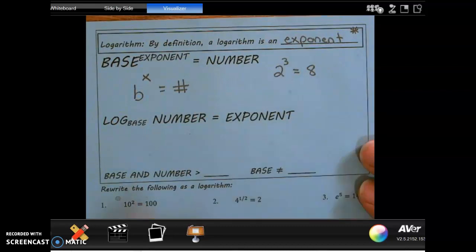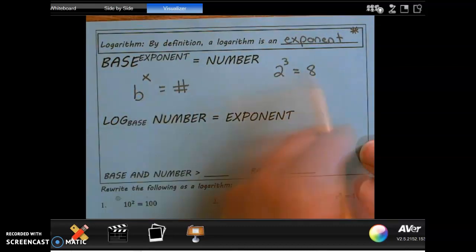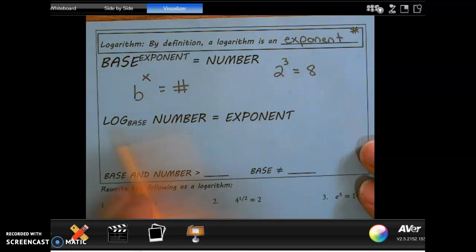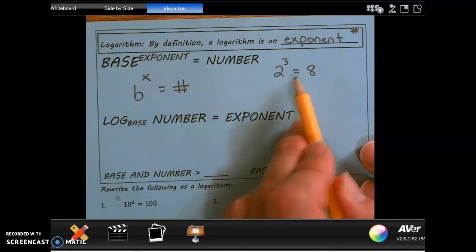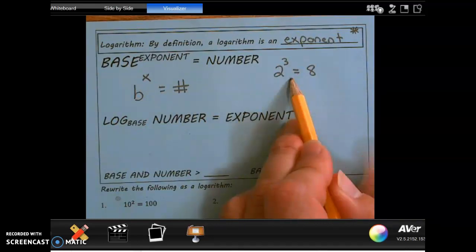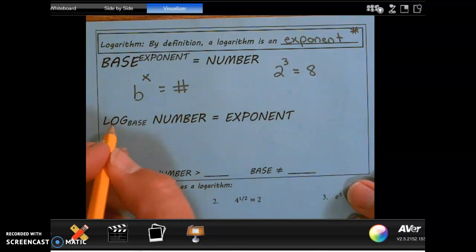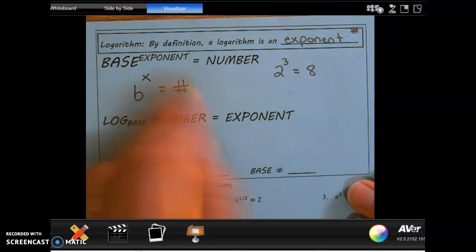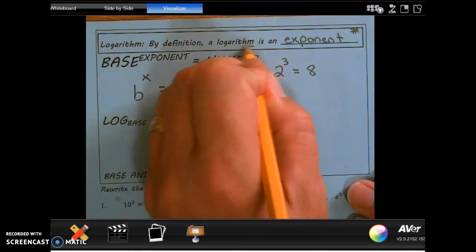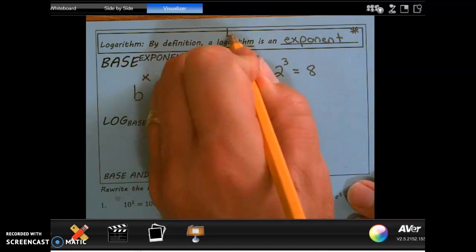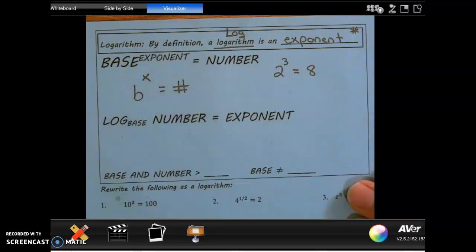Now what we're going to learn how to do here is how to rewrite this in log form. It's just a different format for writing this equation. So let's write the general idea here. Log, L-O-G, stands for logarithm.